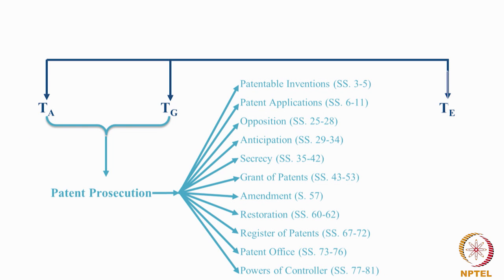Then the patent office has certain powers and functions. The structure of the patent office is covered in sections 73 to 76. And the powers of the controller in general are covered in sections 77 to 81. Now, this is not an exhaustive list, because as we mentioned before, patent prosecution can also go beyond section 81 in few cases.